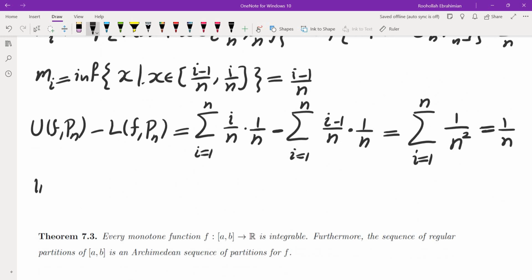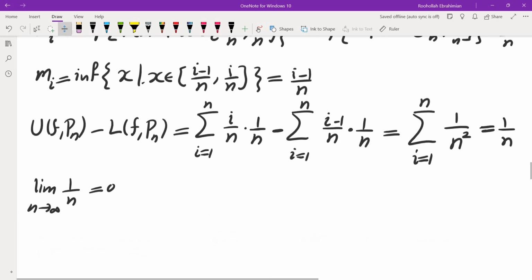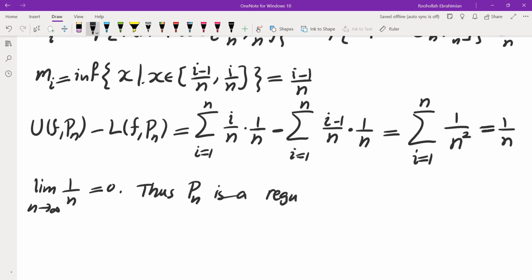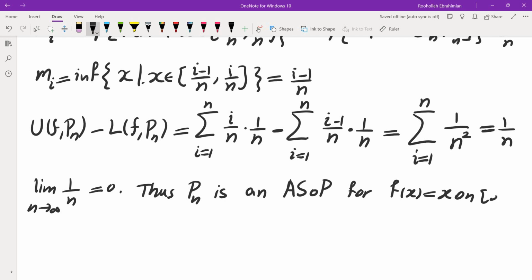And clearly the limit of 1 over n as n approaches infinity is 0. Thus Pn, the regular partition, is an Archimedean sequence of partitions for f of x equals x on the interval [0, 1] that we were given.